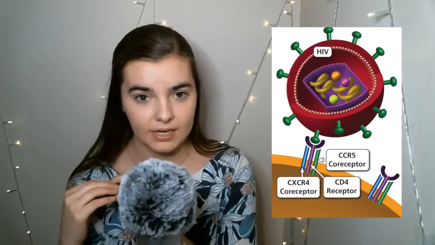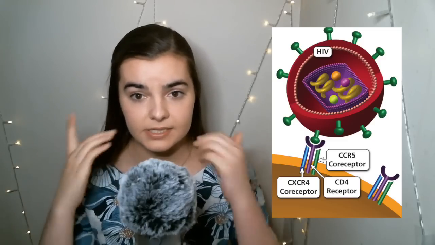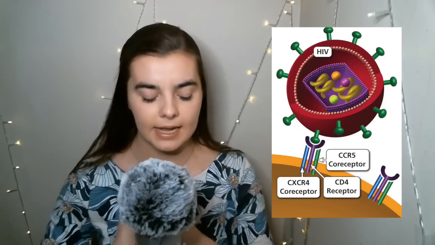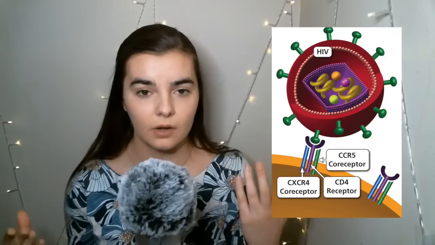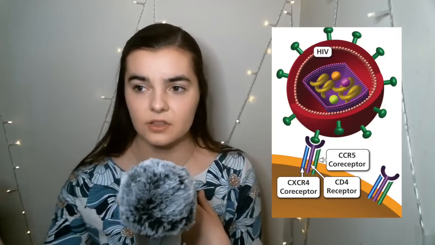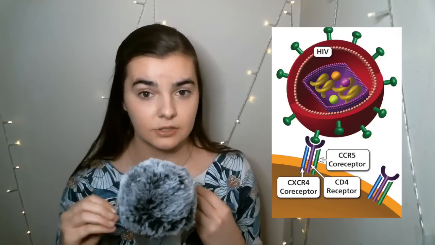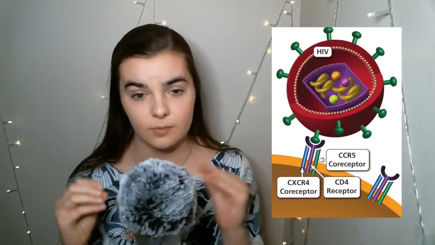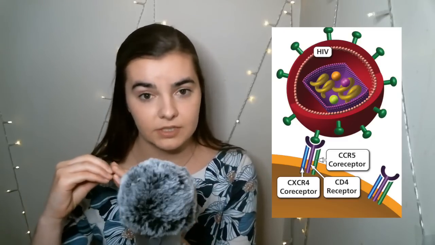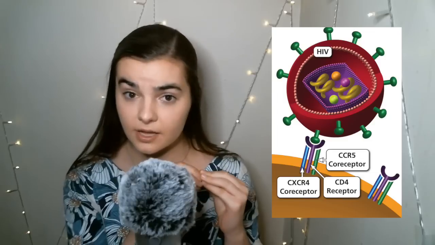You probably know what HIV is. Very deadly virus, sexually transmitted disease, and in order for a virus to impact you, the virus has to be able to get into your cells, and CCR5 is a receptor that allows HIV to bind and get into your cells.